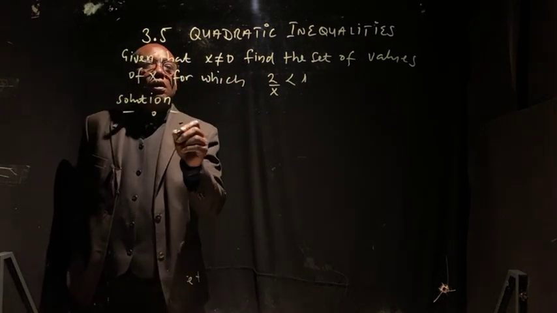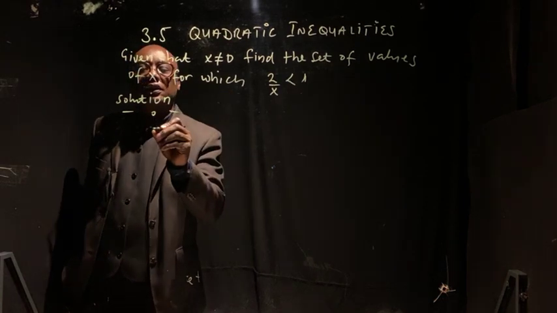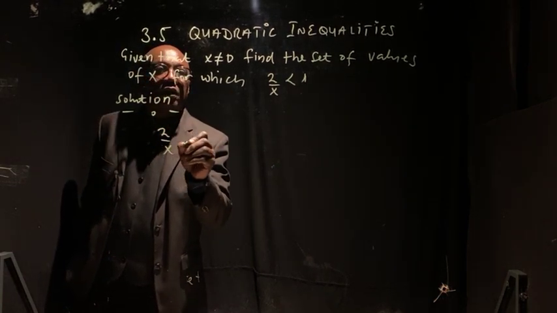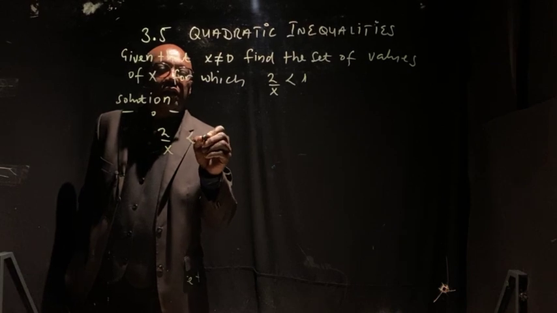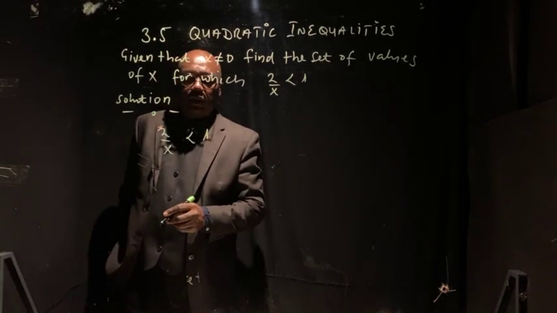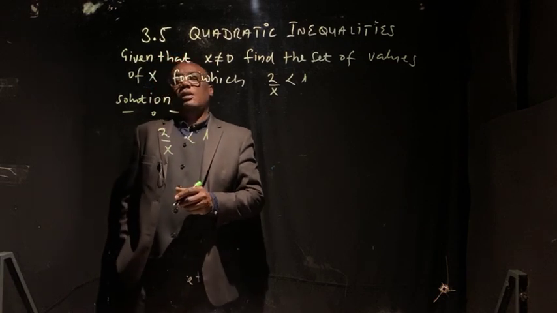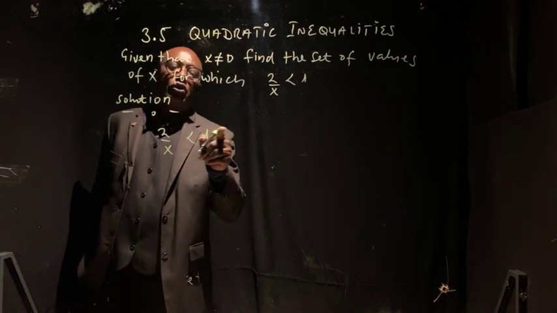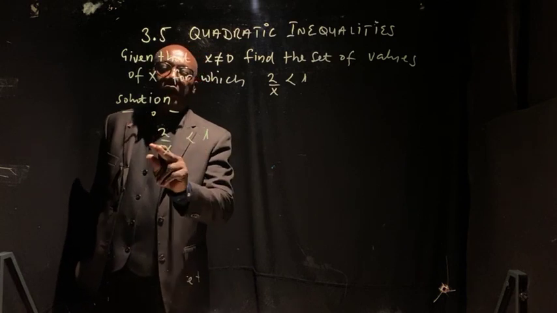So if you have an inequality like this, 2 over x is less than 1, the best way to do it is to multiply both sides by x squared.